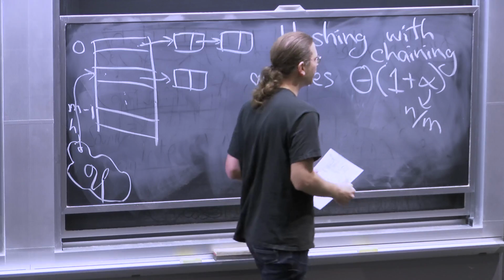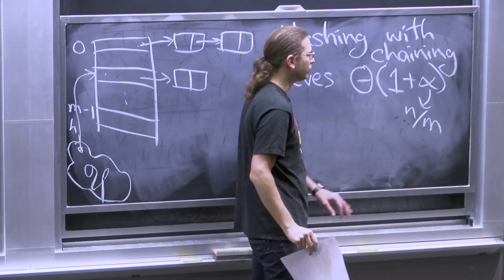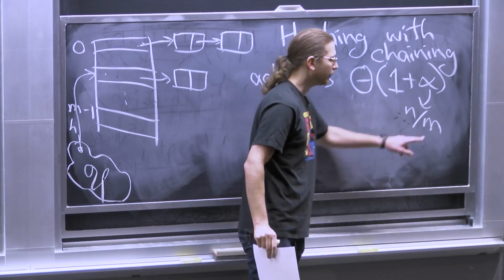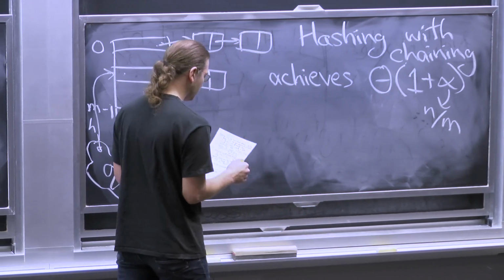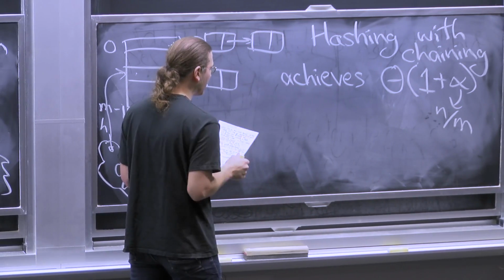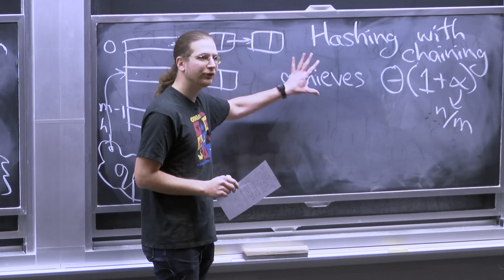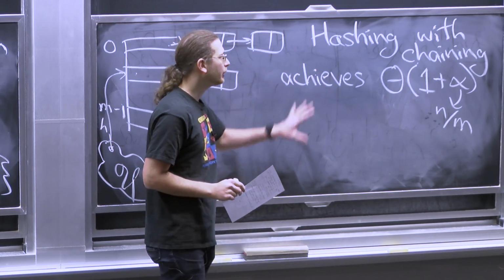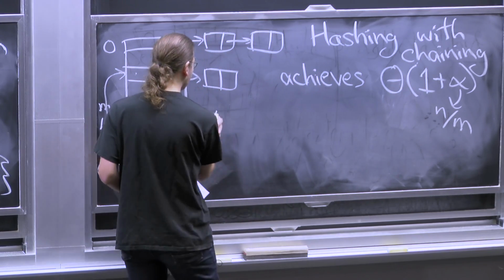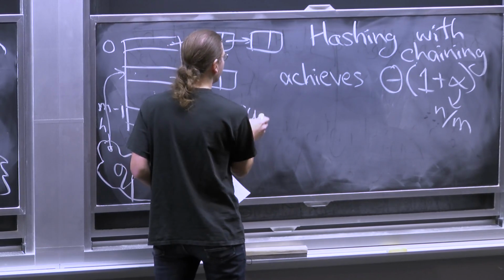The average number of items you'd expect to hash to a slot is the number of items divided by the number of slots. And you proved this in 6006, but you assumed something called simple uniform hashing.